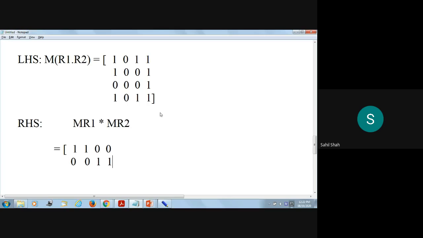Do we have 2, 4? Yes. Then 3, 1? No. 3, 2? No. 3, 3? No. 3, 4? Yes. Then 4, 1 and 4, 2 are present. Rest are 0. So I have drawn the matrix for R1.